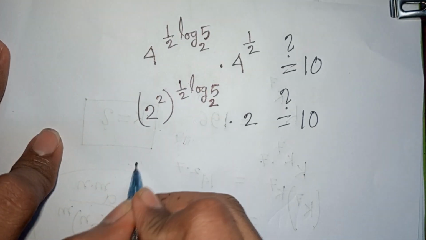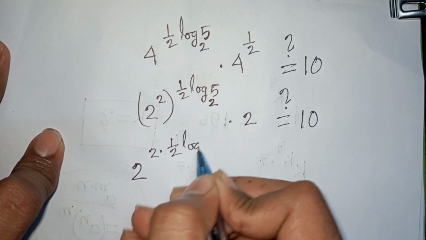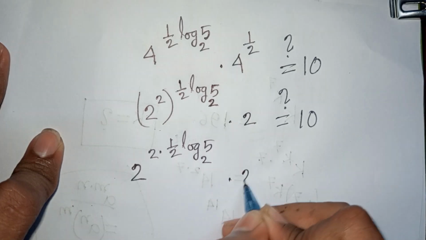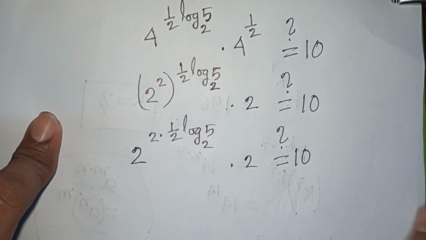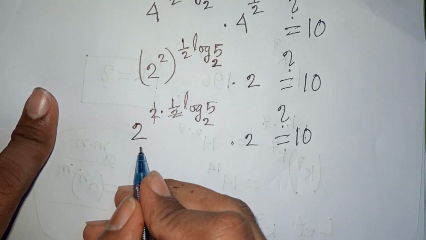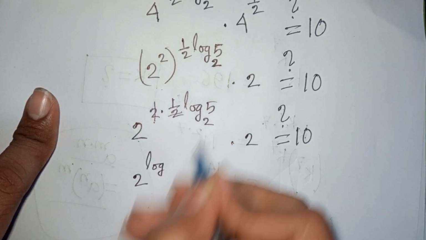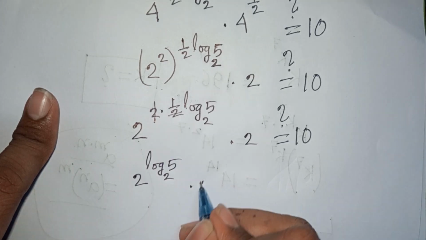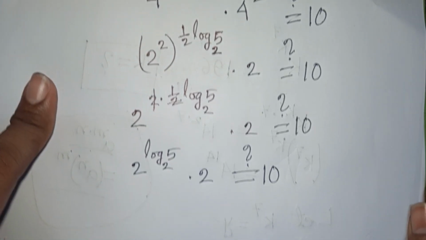Now 2 power of 2 times 1 by 2 log 5 base 2, then times 2 is equal to 10. Now this 2 will be cancelled. So we have 2 power of log 5 base 2, then times 2 is equal to 10.